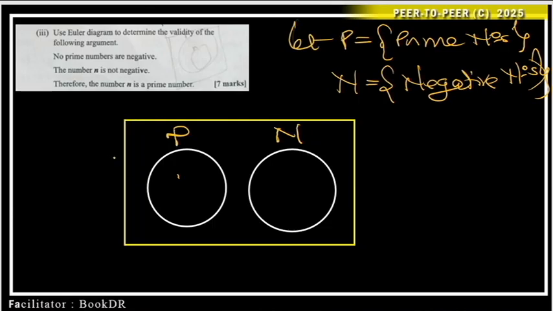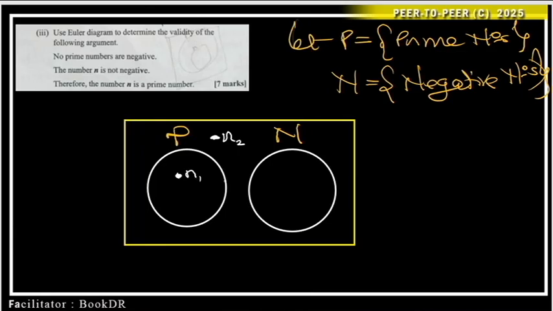Now let's look at the conclusion and see whether it is valid or not valid. The number n is not negative, and therefore the number n is a prime number. If the number n is not negative, then the possible places that n can be is inside P, or it can also be outside both P and N. So these are the possible places that n can be represented.